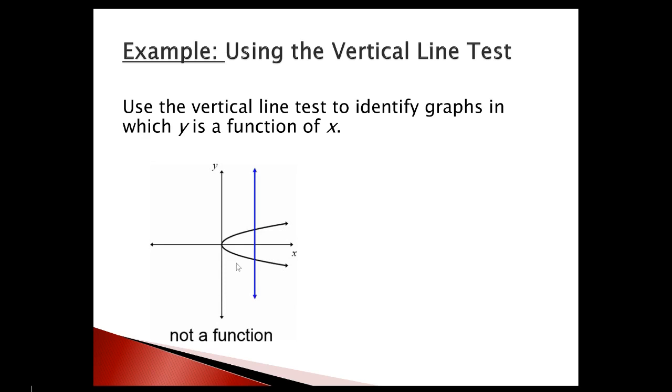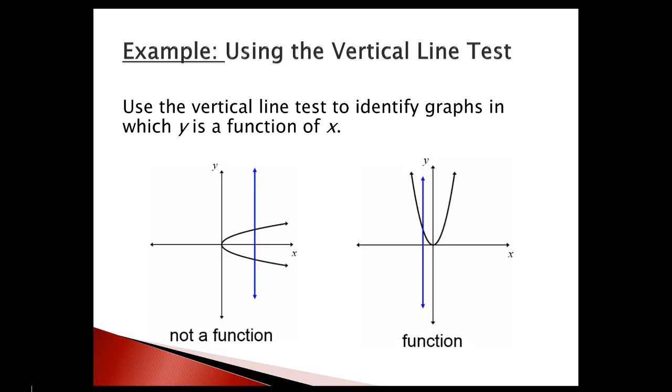After drawing a vertical line, if a vertical line intersects more than once, then for one value of x, the curve has more than one value of y. In this case, we define this graph is not a function.